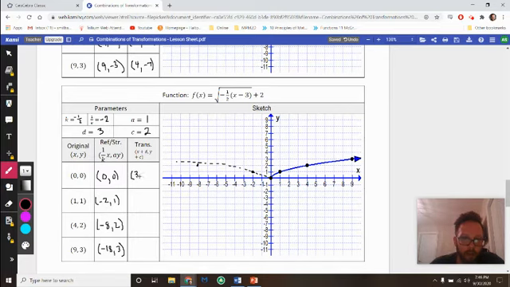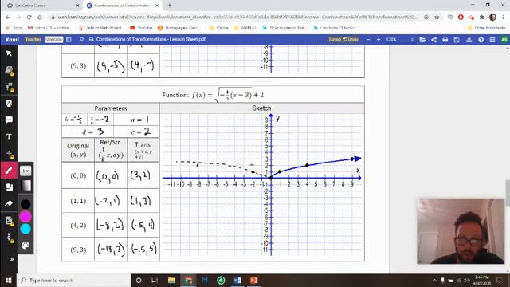So adding 3, adding 2, we get 1, 3, negative 5, 4, and negative 15, 5, which will be off our graph, but that's okay.